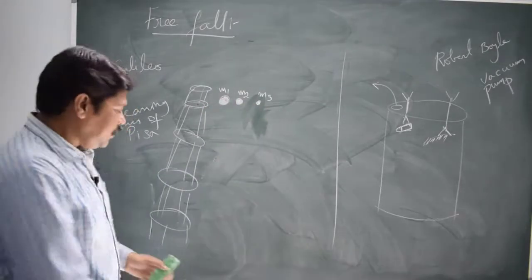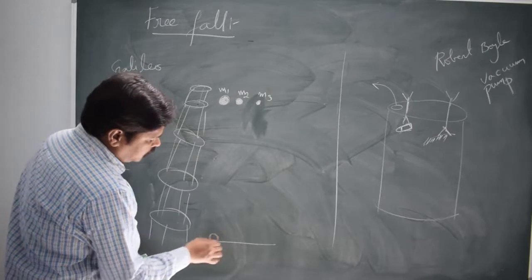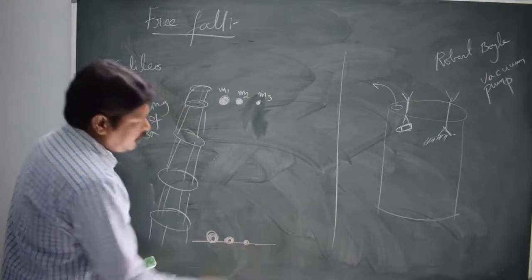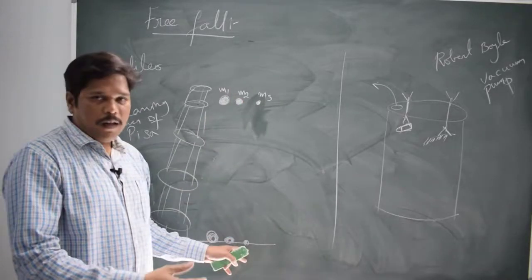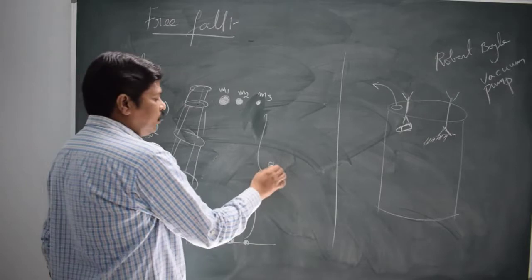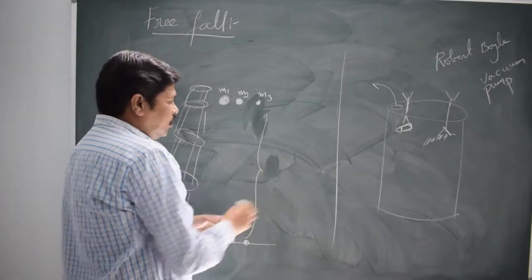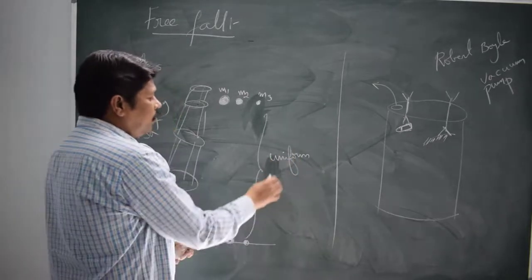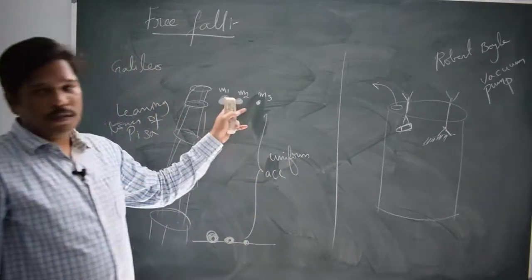When he dropped them, he found that all three reached the earth at the same time and the change in velocity was equal. That is, they experienced uniform acceleration. So the acceleration is uniform in all the bodies irrespective of their masses.